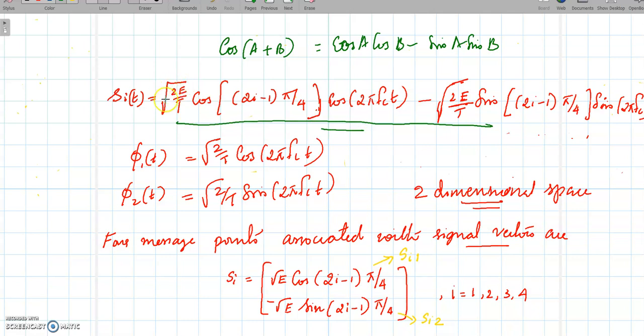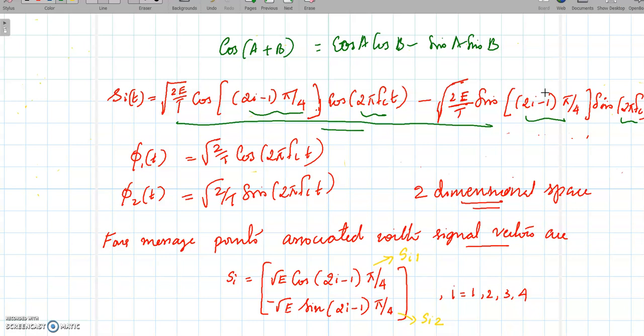Root of 2E by T is common to both terms, then cos of A plus B becomes cos A into cos B minus sin A into sin B.